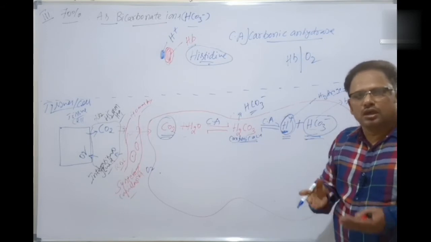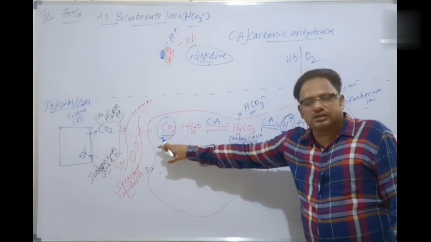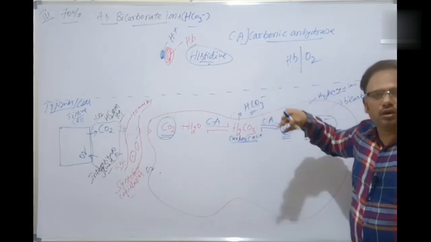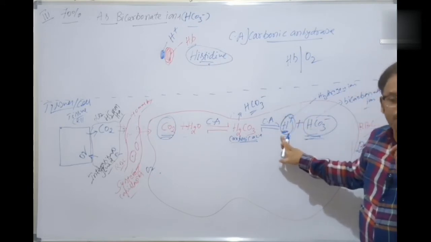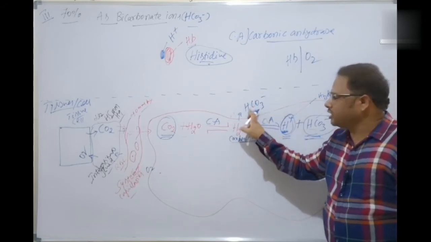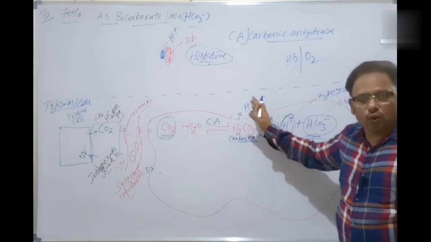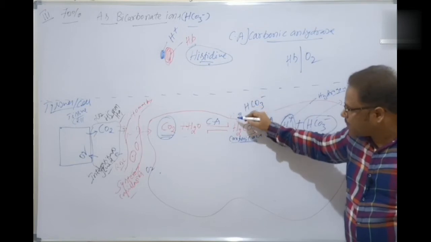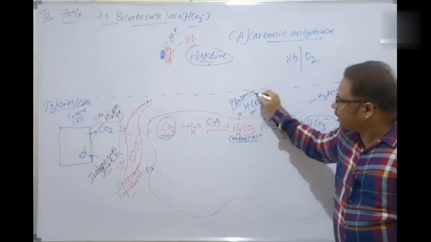The RBC plasma membrane is highly permeable to which one? HCO3 minus ion, the negative ion. But it is not permeable to which one? It is totally impermeable to H plus ion. Permeable only to HCO3 minus ion. That's why a few, not all, a few HCO3 minus ions go across the plasma membrane into the plasma.